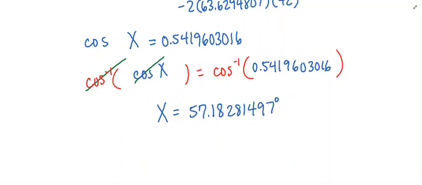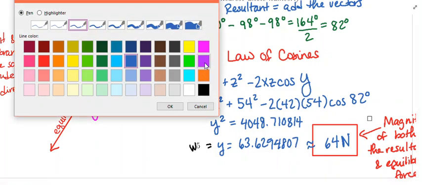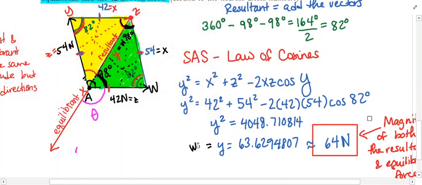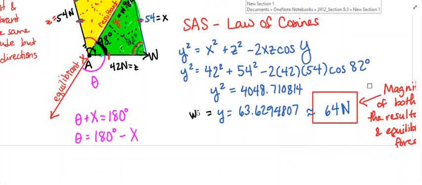If we go back to the problem, that is angle x. What we know is that we're trying to find theta. Theta plus angle x, that sum forms a straight angle, which is 180 degrees. So to get theta, we need to take 180 degrees and subtract the value of angle x.